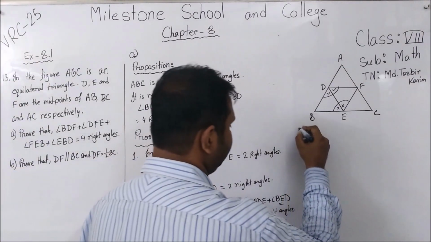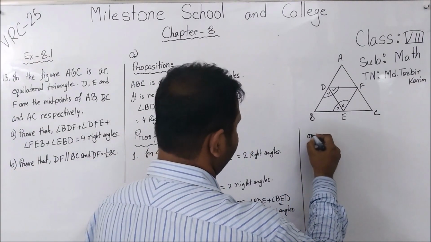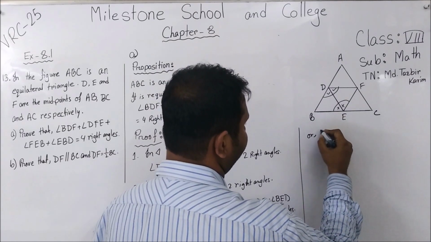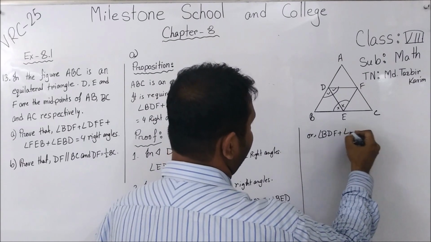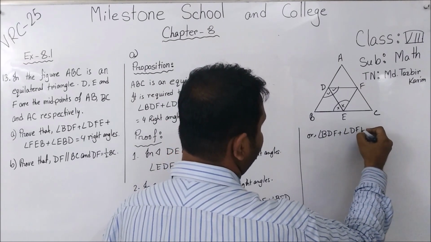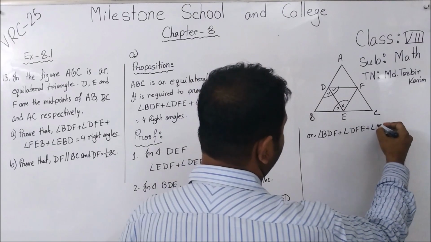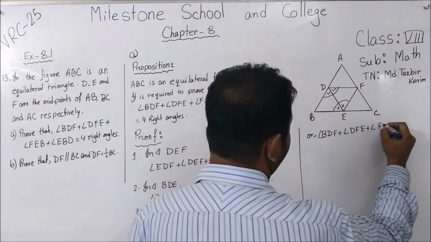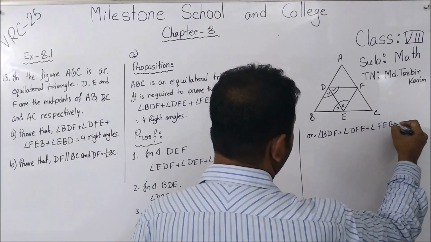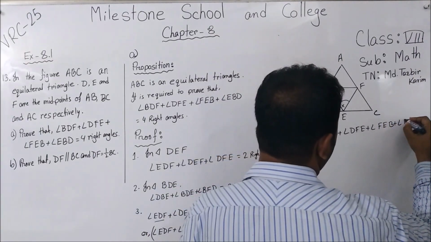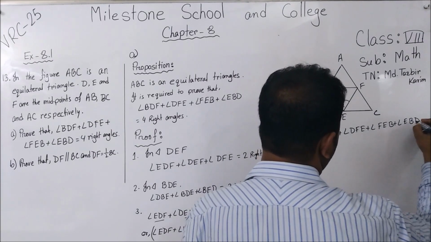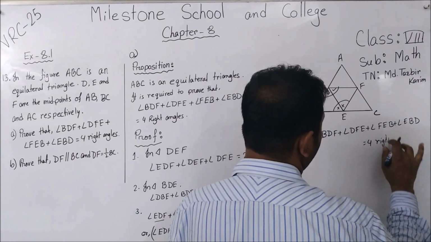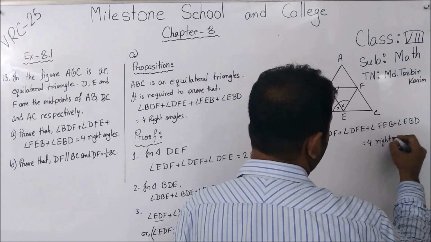Now, so the angle is just BDF plus angle DFE plus angle FEB plus angle EBD, that equal to 4 right angles.